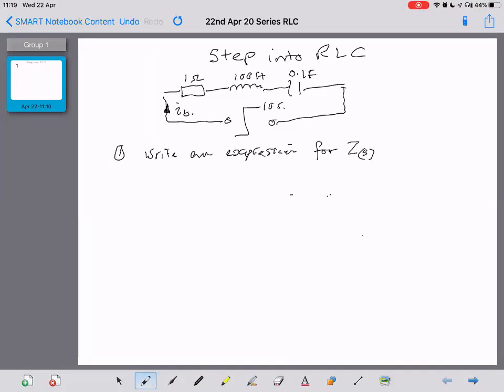Right, we've got to write an expression for Z in S space. Well, you tell me what it is, someone. That is Z(s).